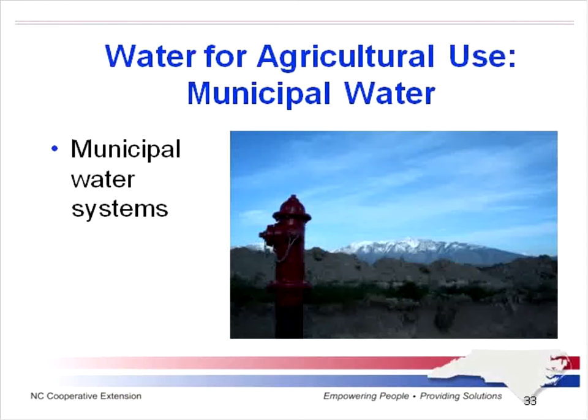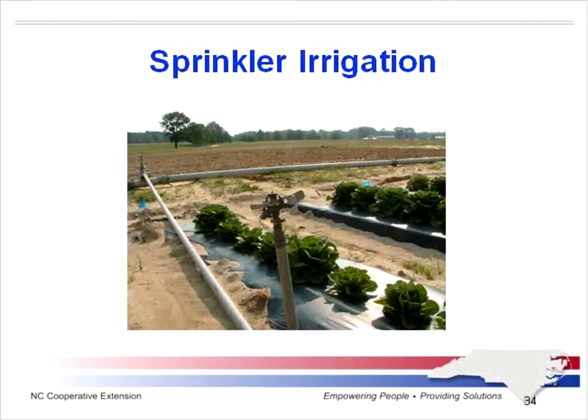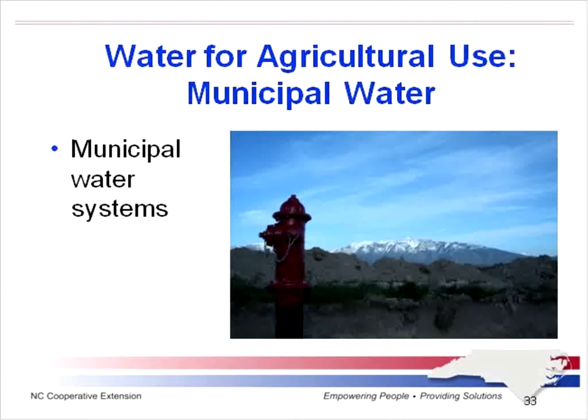In terms of water from municipal sources, we have growers using those municipal water sources as well, and when that source is used, it's usually tested at the production area, the water company. So we're also recommending testing at the point of use, which would be at the field.